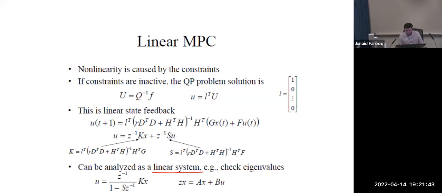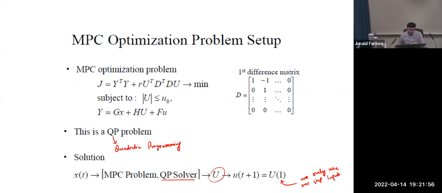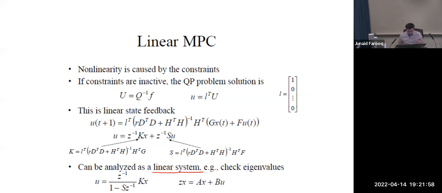So there are ways to do a linearized version, something called a linear MPC, because generally, as we said, it's a quadratic program because of the cost function. So it's not really a linear system anymore. But again, there are ways to linearize it and express it in a form that is compatible with our LTI analysis. And you could again use poles and zeros and eigenvalues to study the properties of the controller.